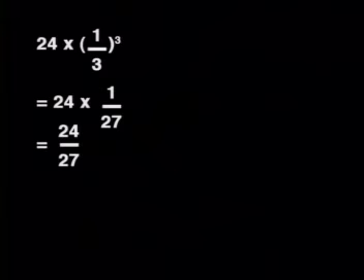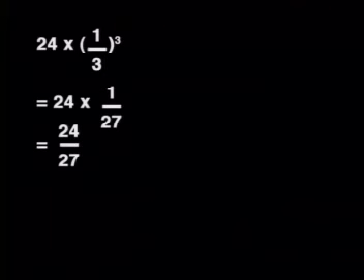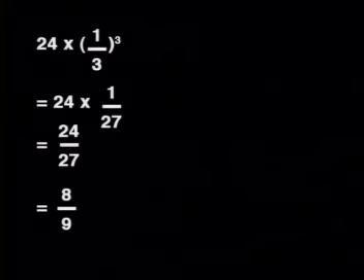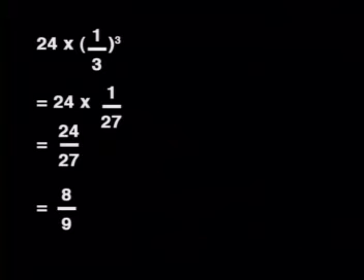If we divide the top and the bottom of this by 3, we get 8 all over 9. Wonderful! What we have done here confirms our rule yet again. We have found that if you multiply all the dimensions of this right rectangular prism by some number, then the volume of the prism will be multiplied by the cube of that number.